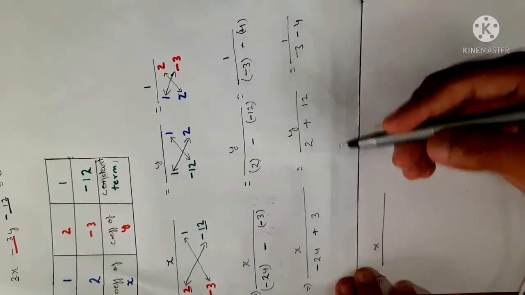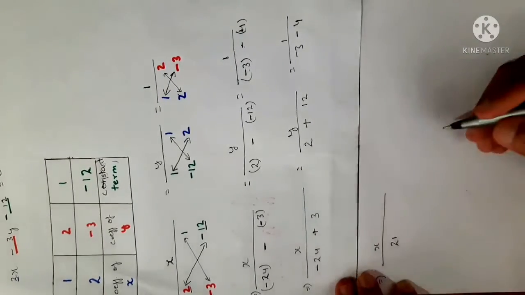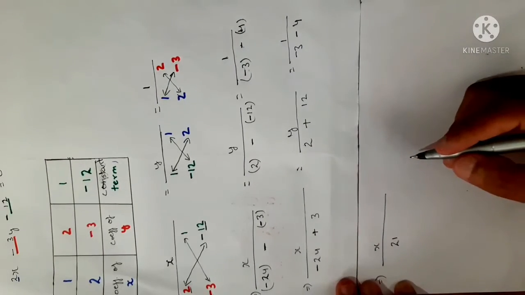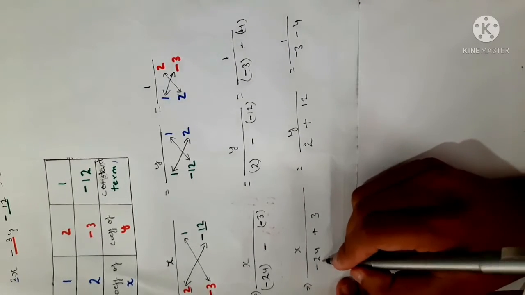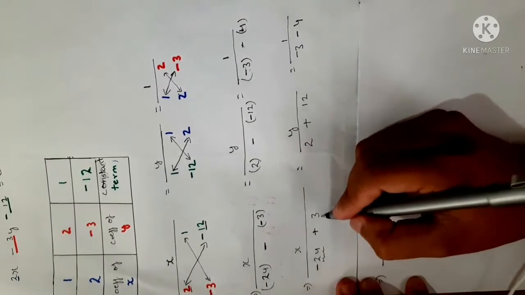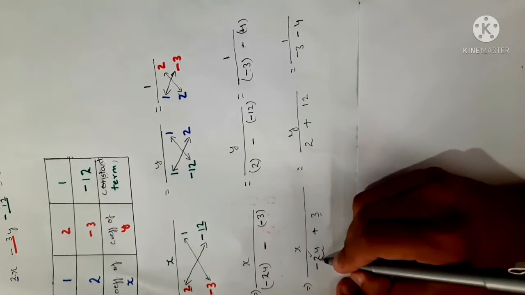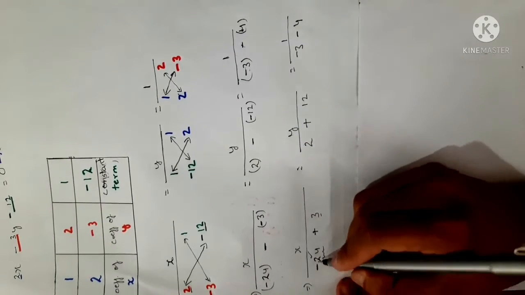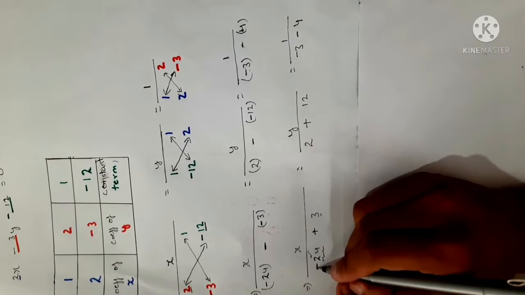Now we have to subtract. 24 minus 3 equals 21. Which sign should we put? We should put the sign of the greater number. Here 24 is definitely greater. The sign of 24 is minus. Remember, the sign of the number is always in front of the number.